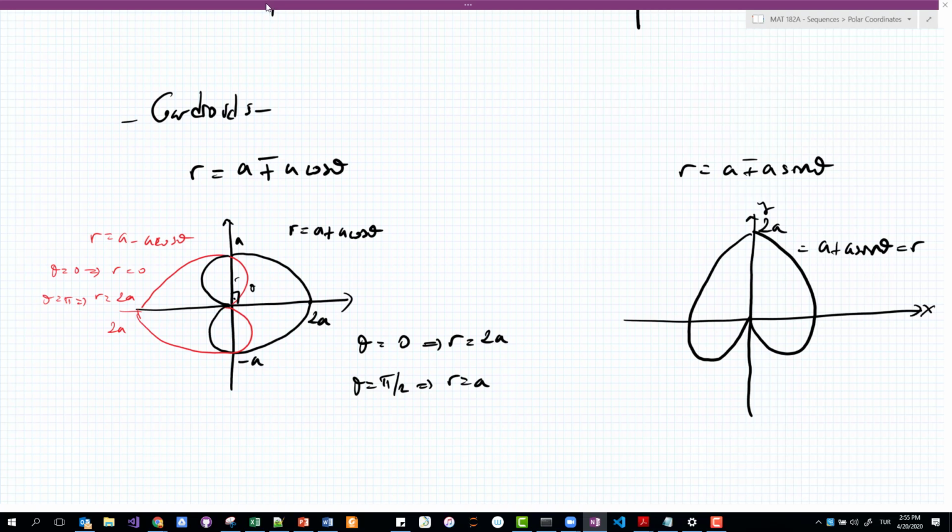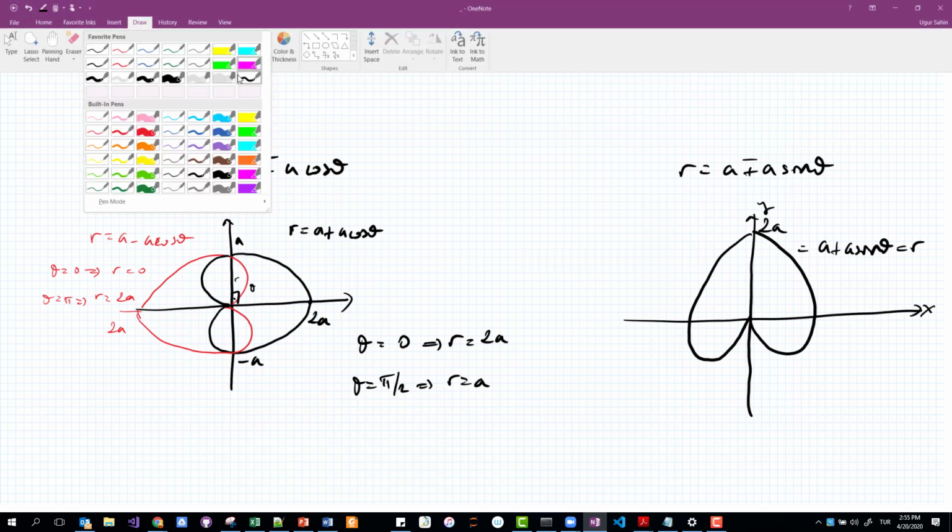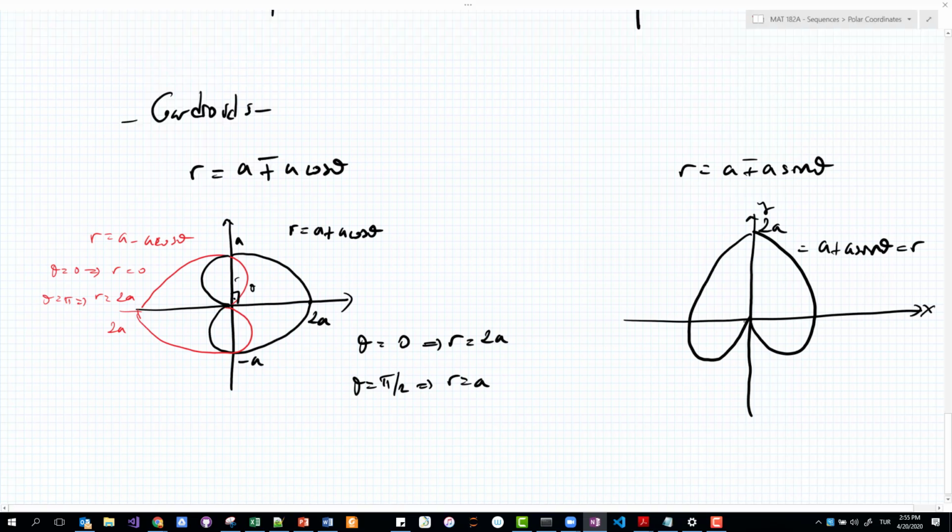When I have the negative between those two terms, the case would be the exact opposite of this way. So look at that. That would be my cardioid on the bottom.